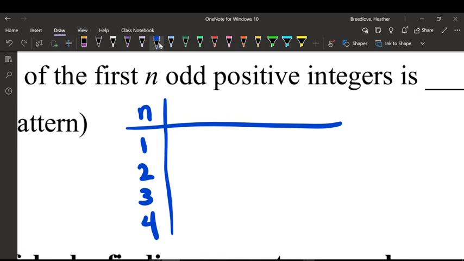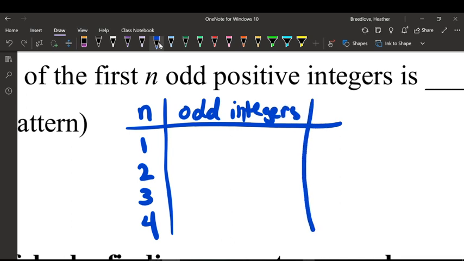Okay, so for 1, the first odd integer is 1. And then the first two odd integers, 1 plus 3. And then the first three, 1 plus 3 plus 5.